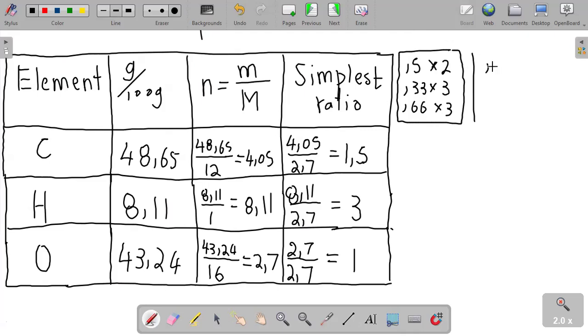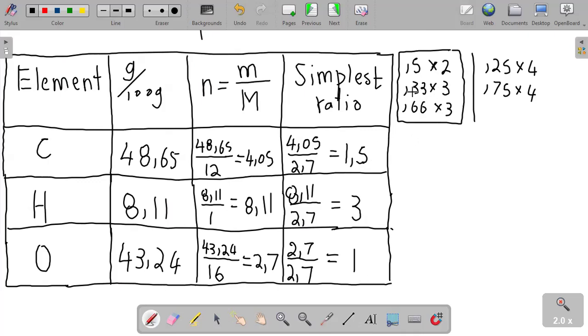If you have anything 0.25, you multiply by 4. And anything 0.75, you also multiply by 4. For example, if we had 1.25 instead of 1.5, we would multiply by 4. If we have 1.33, we multiply everything by 3.